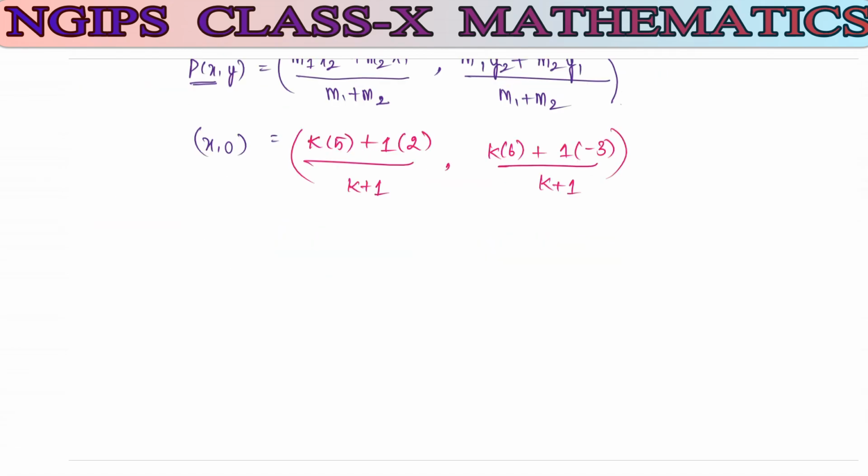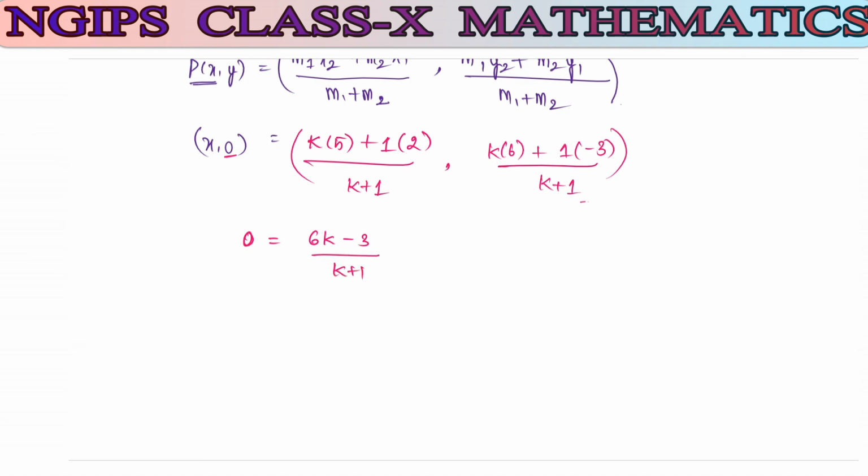When both coordinates are equal, the corresponding coordinate values are also going to be equal. Here x is an unknown value, k is also an unknown value, so it is difficult to find the value of k. So better I am going to equate the ordinate value, which means the y coordinates: 0 is equal to 6k minus 1 into 3, that is 3, over k plus 1.